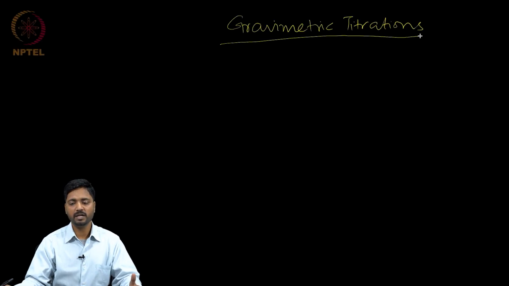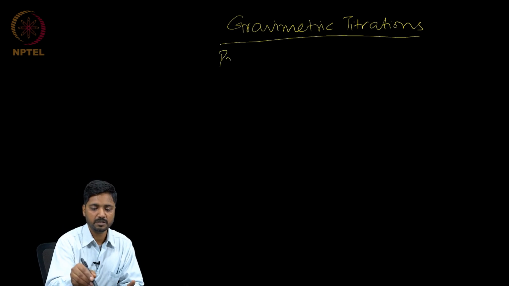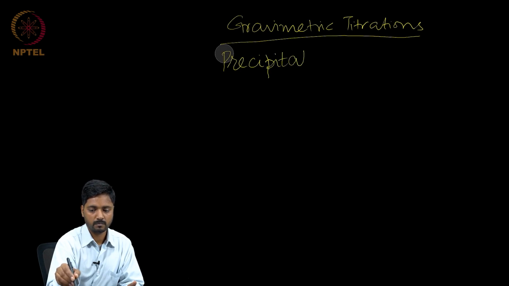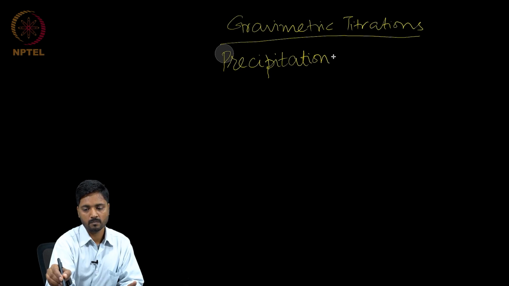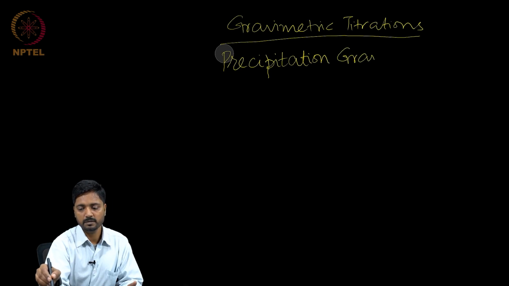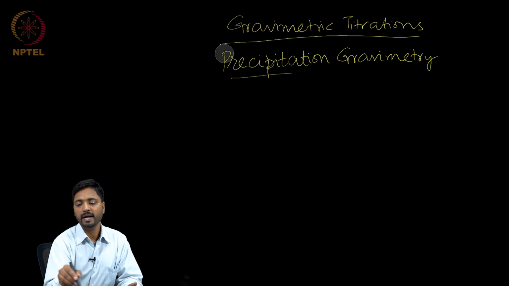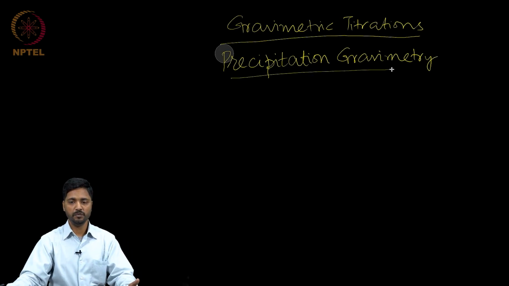While talking about gravimetric titrations, or what is also known as precipitation gravimetry, what are the points that we need to consider, and under what conditions will we be able to generate homogeneous large particles that are easy to separate?